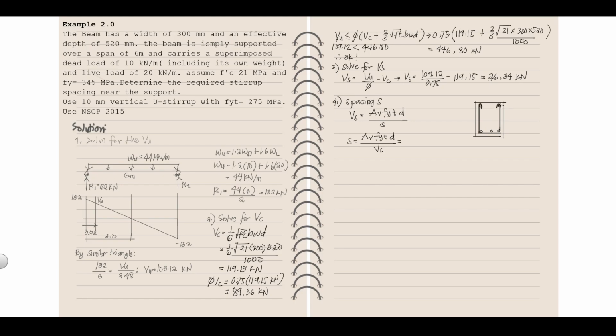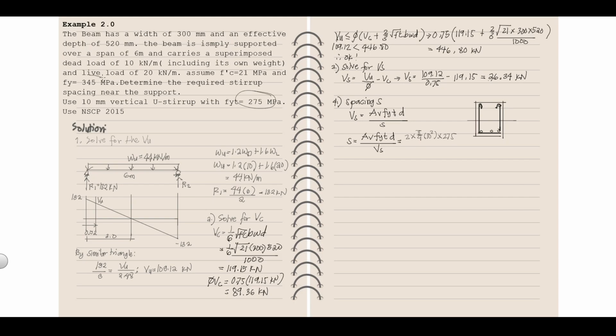Okay, so U-shape, may hook ng ganyan. So dito, ang AV natin is yung makakat na legs. So we have 2 times area of the stirrup. That is 10 mm yung ginamit na stirrup, times FYT 275. Ito yung given natin, 275 ito.